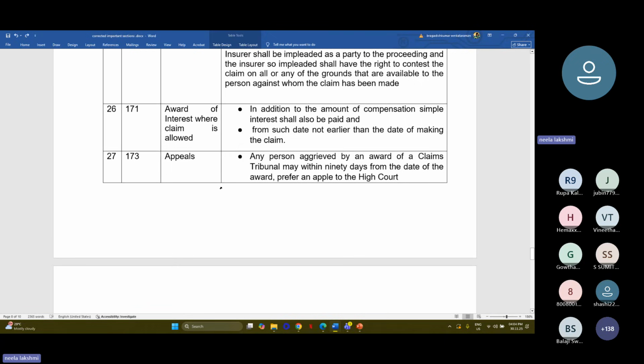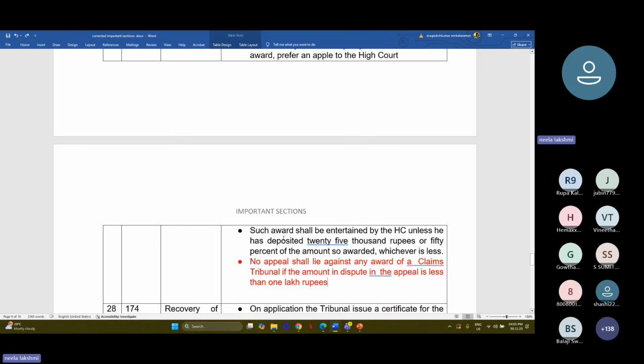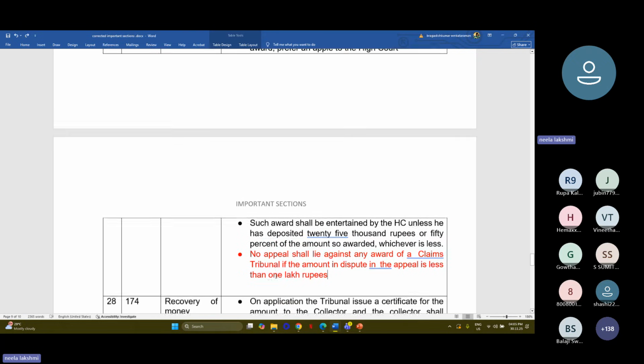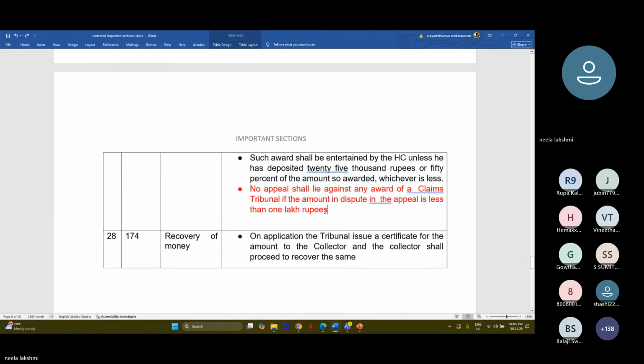Time limit 90 days from the date of the receipt of the award. We have to deposit either 50% of the award or 25,000, whichever is less. No appeal shall lie against any award of less than 1 lakh. These are the three important points coming under section 173, which is very important.